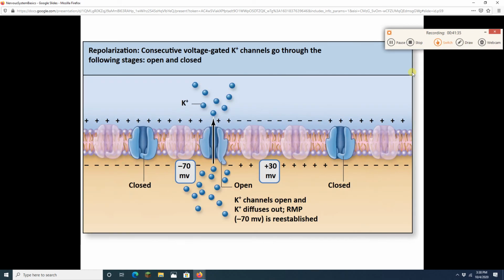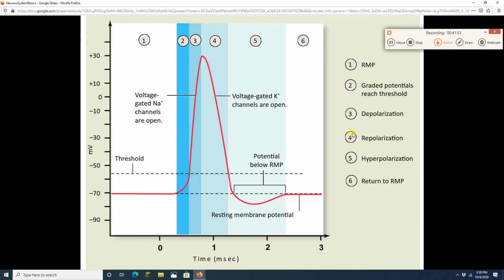Good. Now, meanwhile, once we're done depolarizing, we're going to do a very similar thing with the repolarization. There's no inactivation, though, that happens with the potassium channels. Not necessary. All right. Couple more things to figure out here.